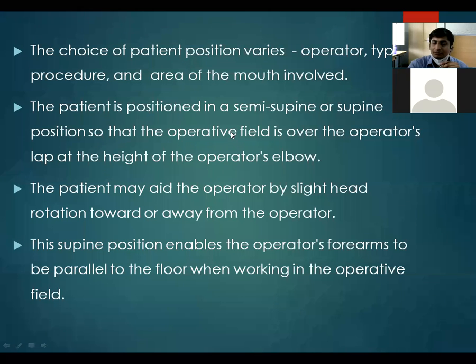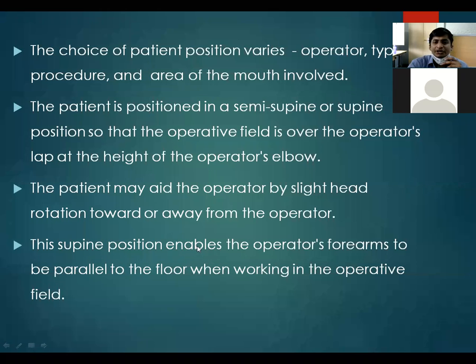Suppose you are performing root canal treatment on an upper molar, the upper molar should be at the level of your elbow, right? The patient may aid the operator by slight head rotation towards or away from the operator. So you can ask the patient to slightly rotate his or her head towards or away from the operator depending upon the site of operation.